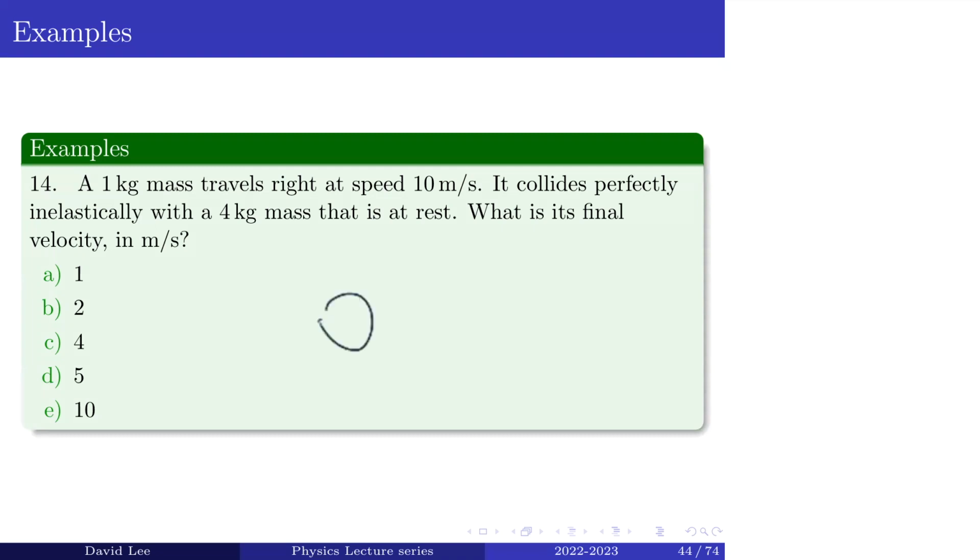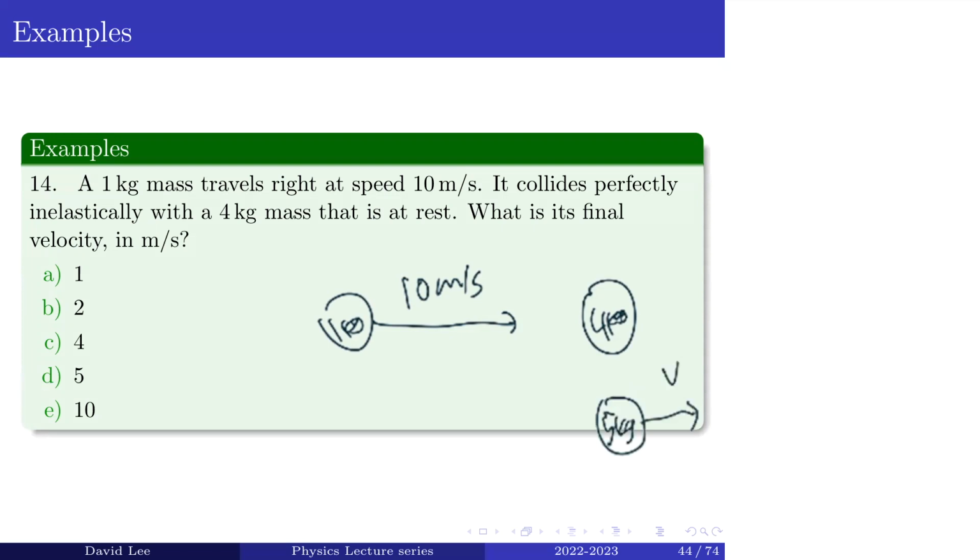So we have a 1 kilogram mass that's going to the right at 10 meters per second. And it collides perfectly inelastically with a 4 kilogram mass. So after the collision, this is basically just equivalent to a 5 kilogram mass that's moving at some velocity v.